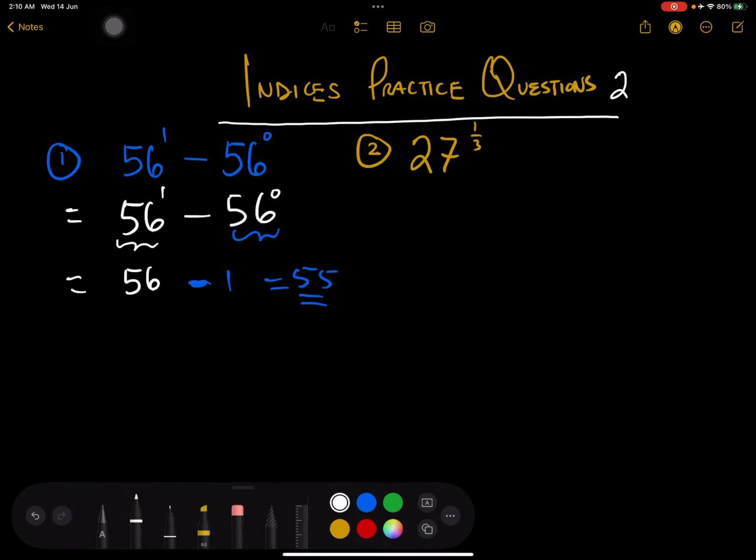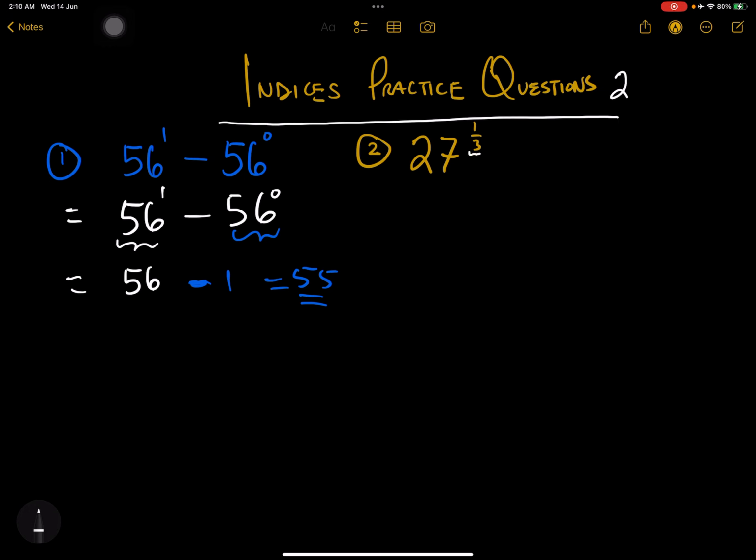You see this power here is 1 over 3. If you look at the denominator that is in the power, it is 3. It means, how can we express this 27 in terms of this 3?